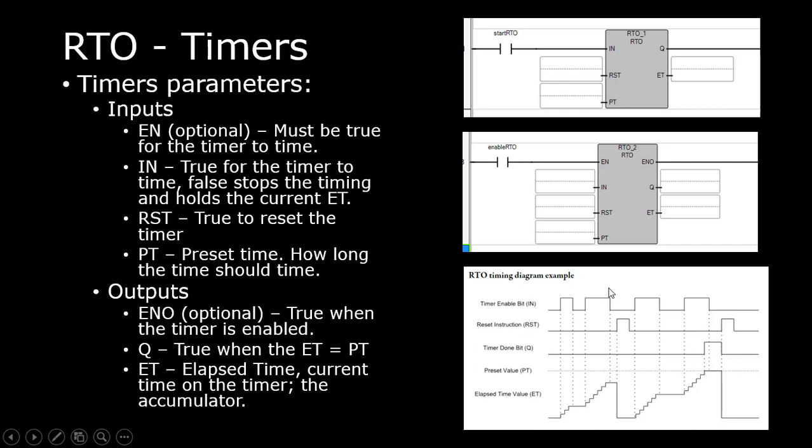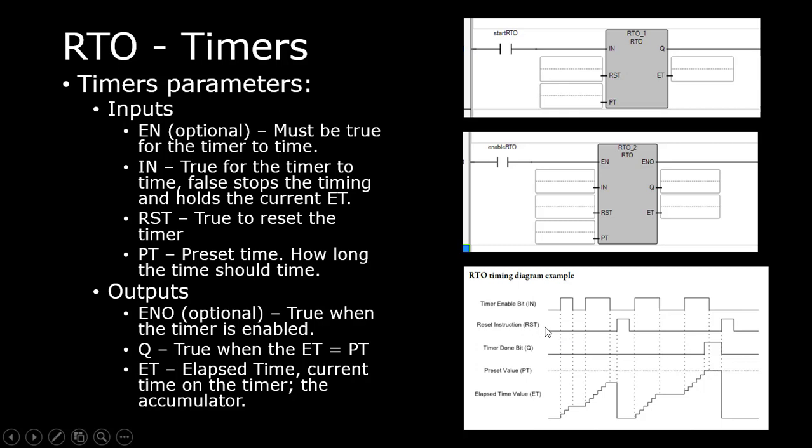So this timer, instead of having a separate reset instruction like the Studio 5000 software had, has a built-in reset. And when the reset goes true, the timer will reset.